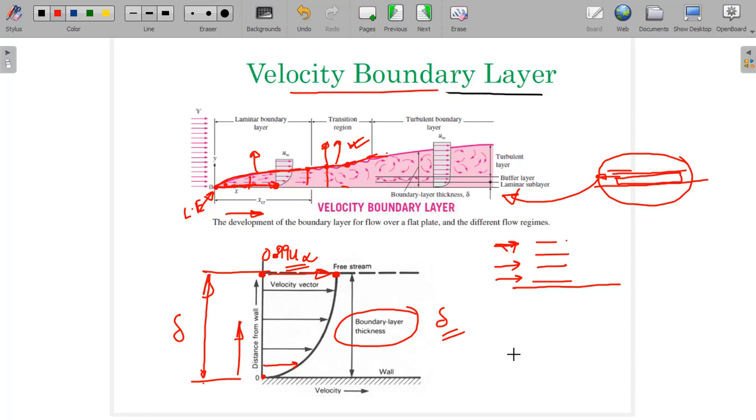But in real fluids where the viscous effect is present, you will find that close to the wall, the fluid particles which are in contact with the wall will have the same velocity as that of the wall.